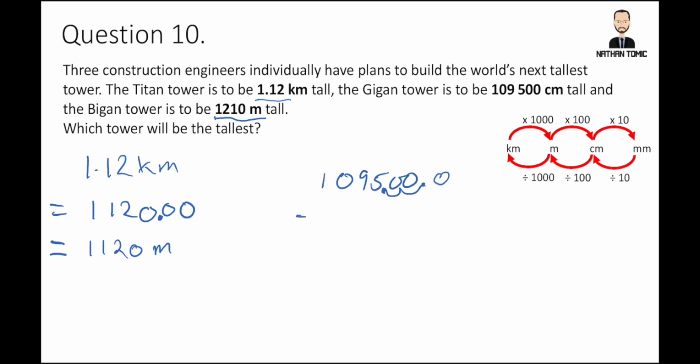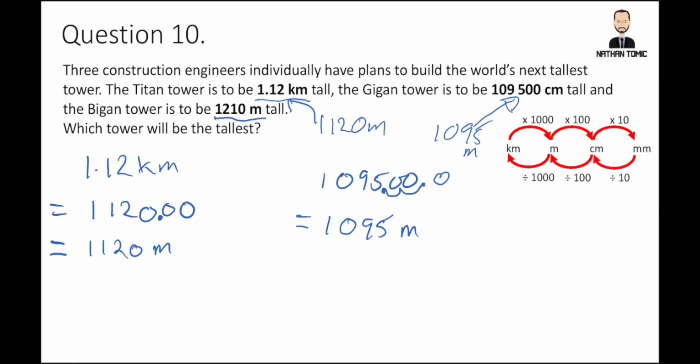So that's equal to 1095. Because these are all zeros past the decimal point, we won't bother showing it. But again, let's put the meters measurement unit in. So what we now have, technically, is this tower here is 1120 meters, and this tower here is 1095 meters.